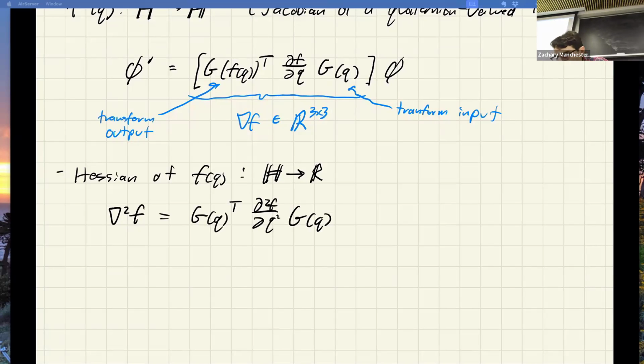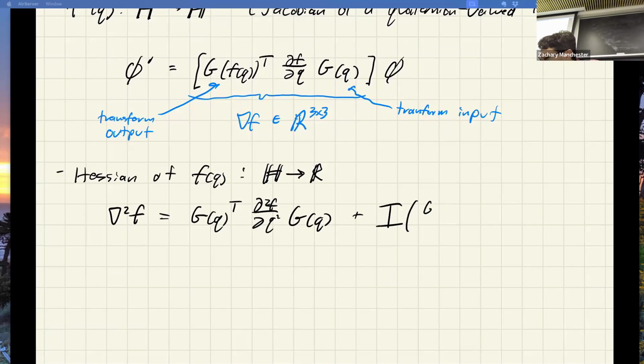But it turns out I also pick up an extra term on here that's coming from dG dq, which shows up when I take this thing and take a second derivative. I get a chain rule situation, so I pick up another term. Another way of thinking about this is the full Newton Hessian versus the Gauss-Newton thing. There's a curvature term here that comes out too.